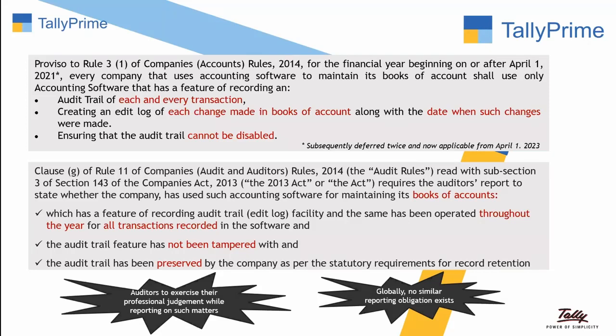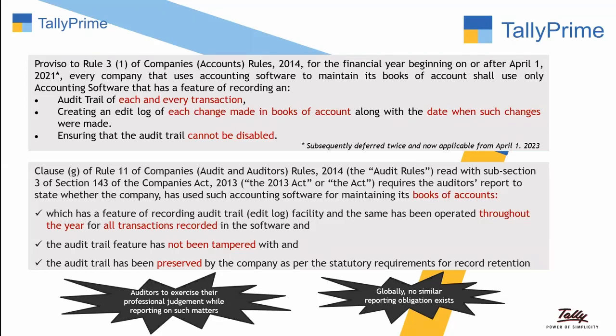In both cases, ICAI has issued a detailed guidance note. I would highly recommend that chartered accountants and the auditees go through that guidance note, because the primary responsibility for maintenance of the books of accounts lies with whom? The accountant or the team, that is the management, or the auditor?